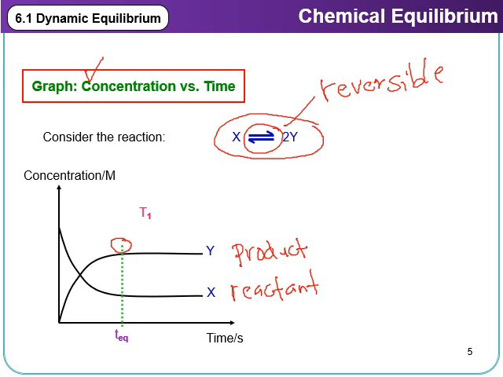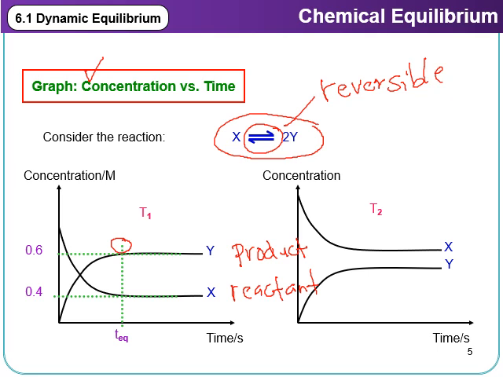With the naked eye, you will think that the reaction has stopped because the concentrations of both reactant and product are not changing, but actually at the same time the reaction is happening. So the intensity of the color will remain. For example, the concentration of Y will always be 0.6, while the concentration of X will always be 0.4 after achieving equilibrium.